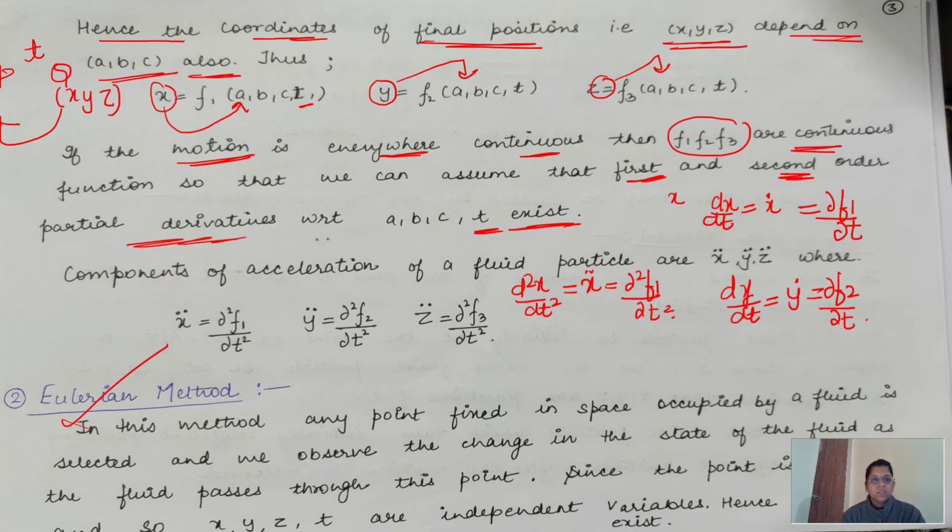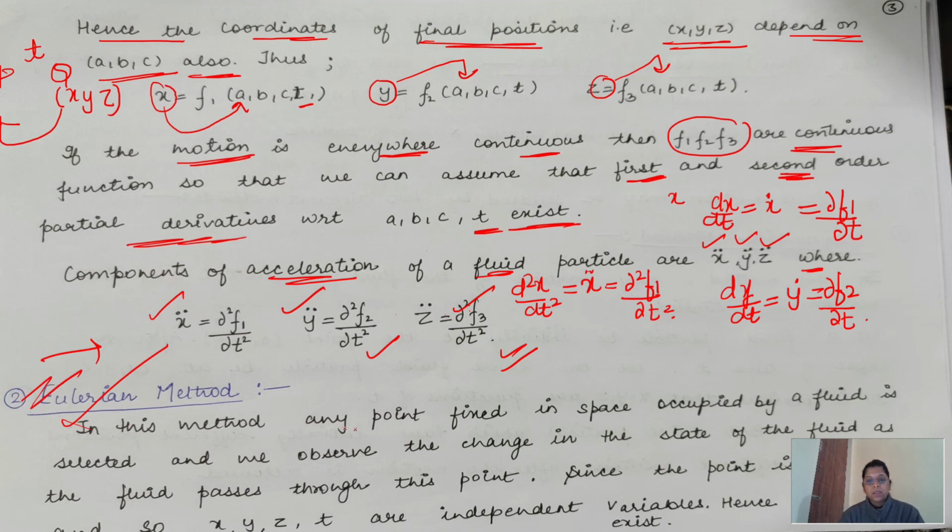So we can find the first and second derivatives. The components of acceleration of a fluid particle, x double dot, y double dot, z double dot, are: x double dot is d2 f1 by dt square, y double dot is d2 f2 by dt square, z double dot is d2 f3 by dt square.